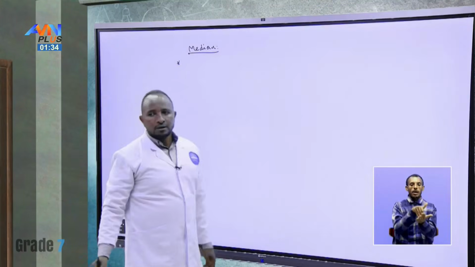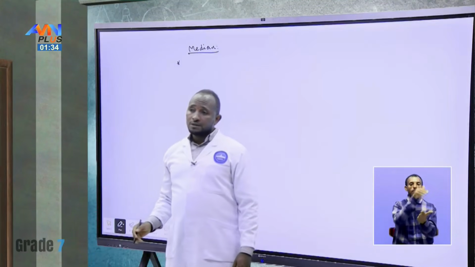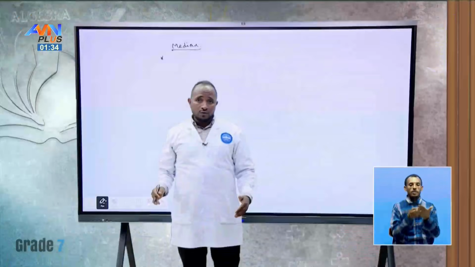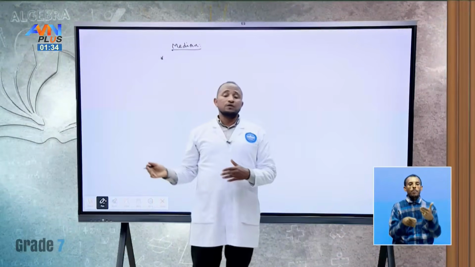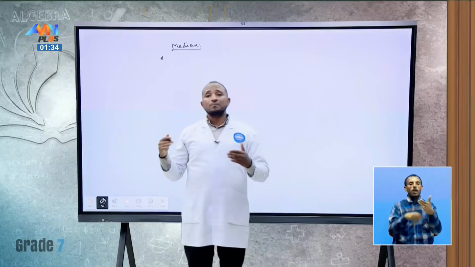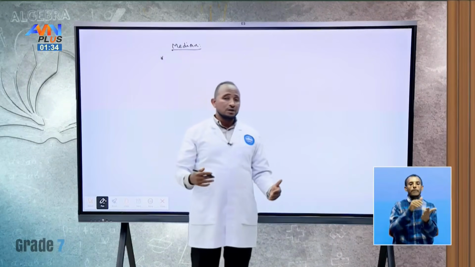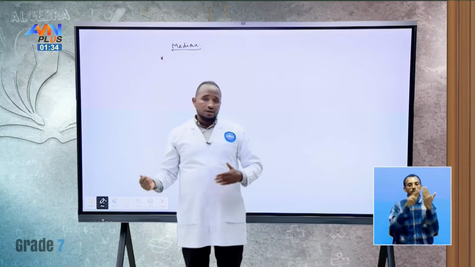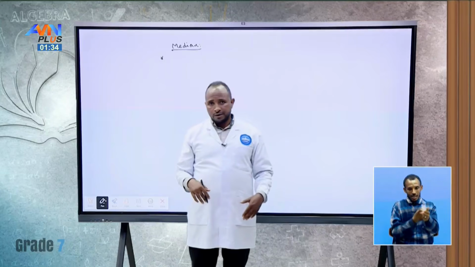Here, median is a data value. The median of a given data set is a value which is found at the middle when we arrange the data set in ascending or descending order.